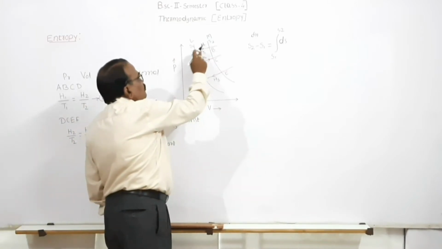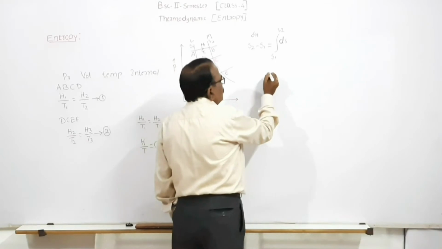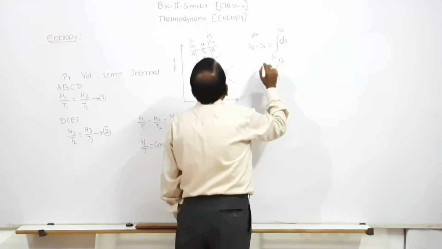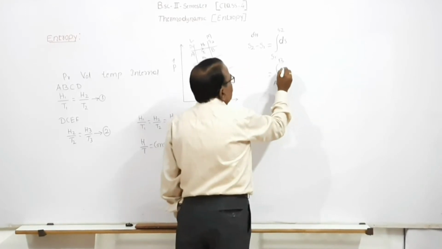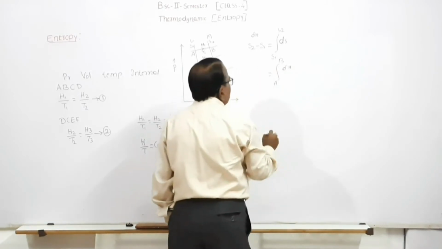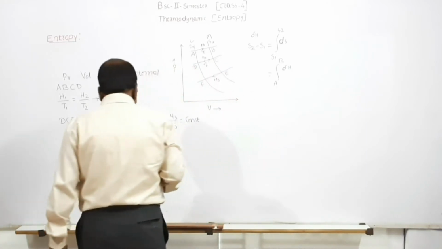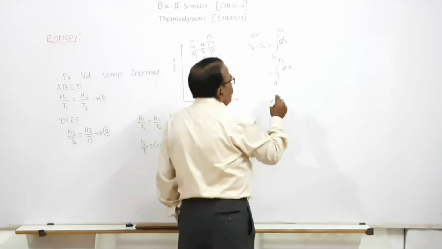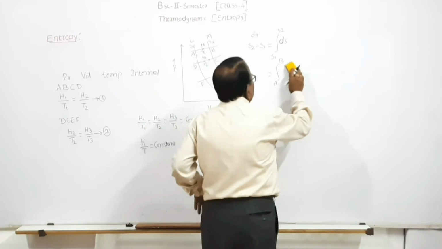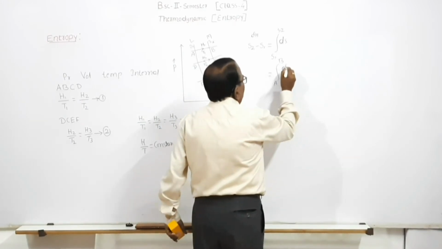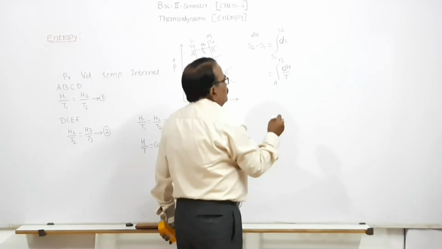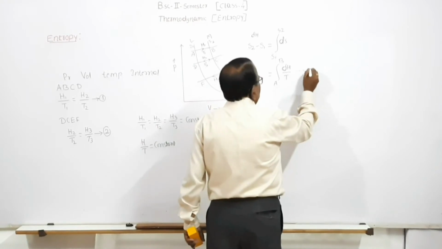From A to B, what is the amount of heat absorbed? That delta H divided by T. Call this equation 3.